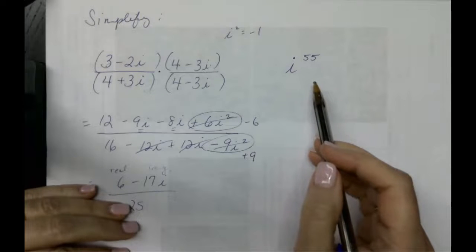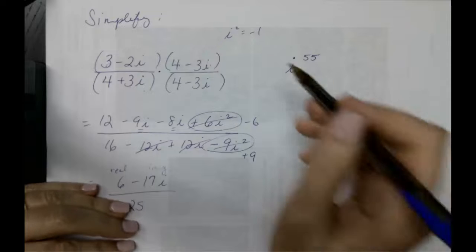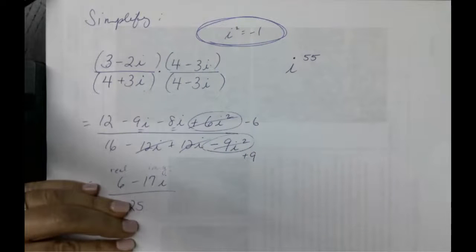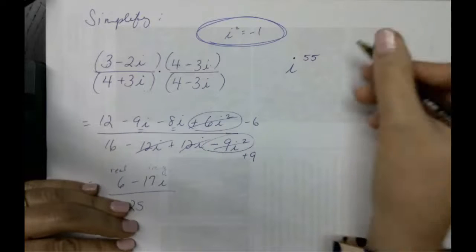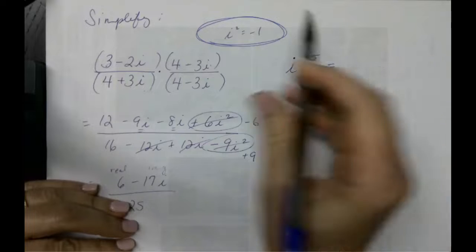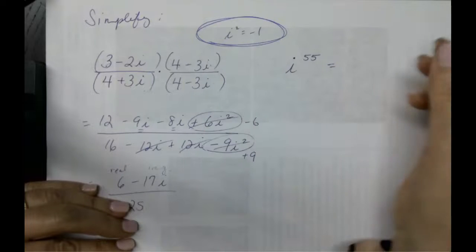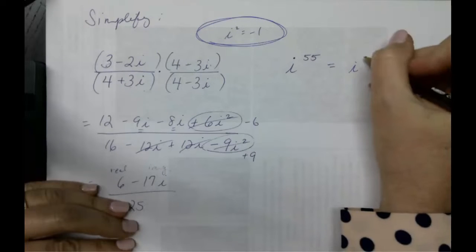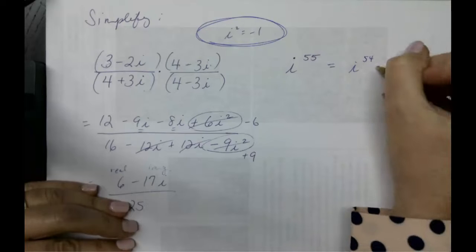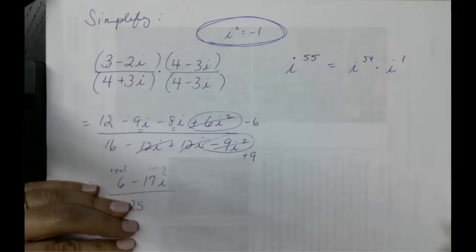So, next problem, i to the 55th power. Now, always keeping this fact in mind, we're going to rewrite i to the 55th using this. So, i to the 55th is i to the 54th times i to the 1st.